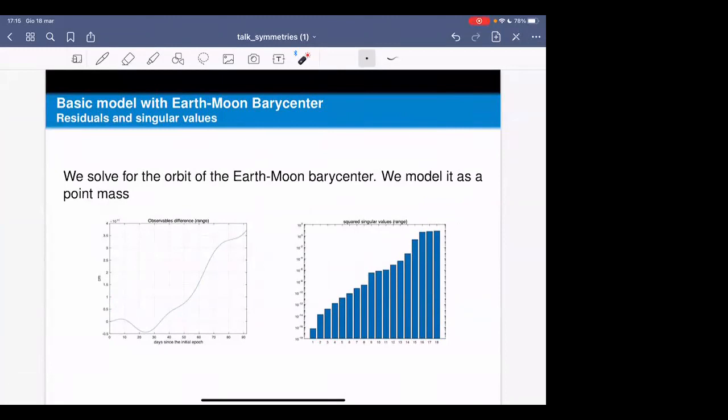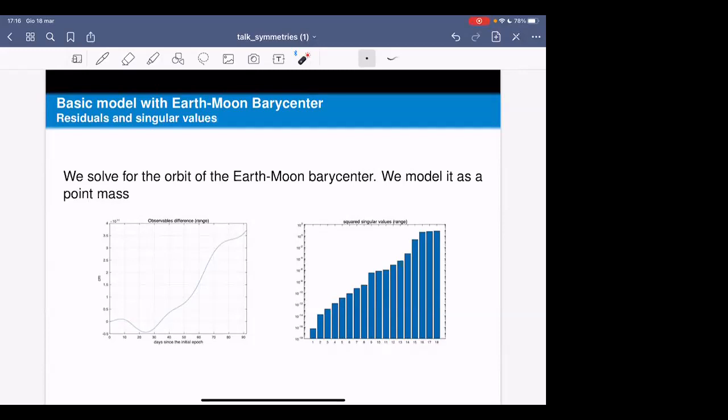there is the moon. And we integrate in our software the Earth-Moon barycenter, which is calculated by the dynamical model of the Earth-Moon barycenter. Of course, it includes the position of the Earth and the position of the moon, but these two positions are taken from the JPL ephemeris.